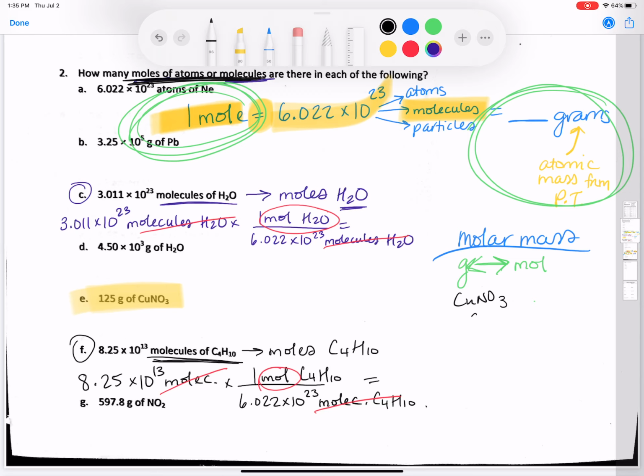What I'm going to do to get my molar mass is go to my periodic table, find my copper, find my nitrogen, find my oxygen, but I have 3 atoms of oxygen, so I want to account for everyone involved. I believe nitrogen is 14.077, but I'm not too sure. Let me double check. So nitrogen is 14.007.